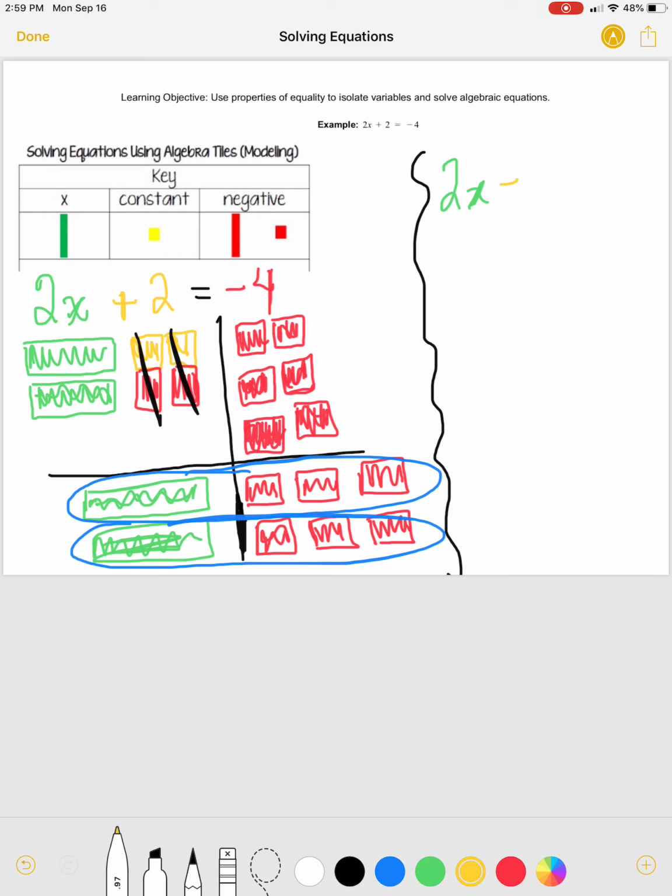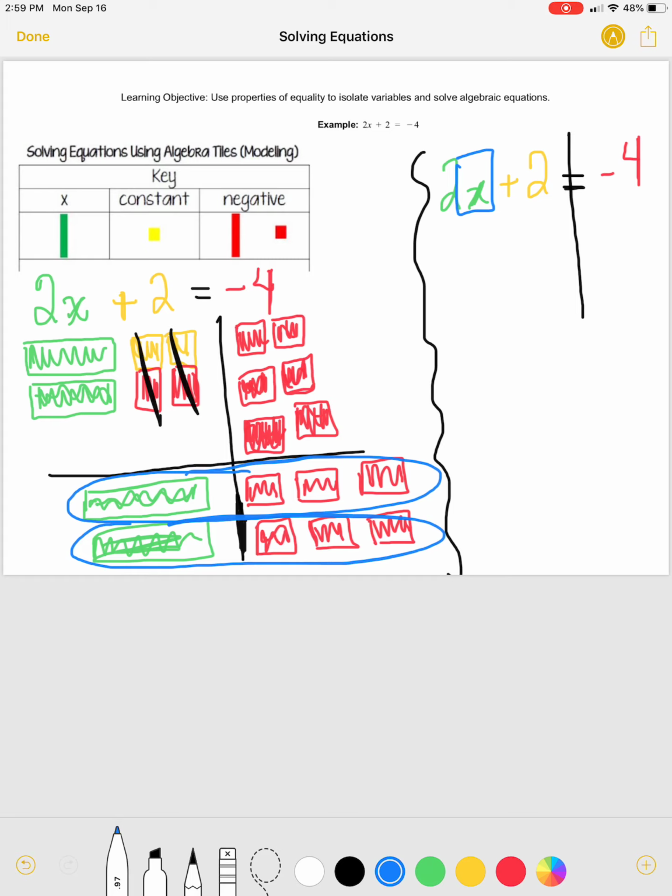So 2x plus 2 equals -4. Okay, so I can still split these on two sides, so I can see my job is to isolate the variable, or in other terms, get x by itself.